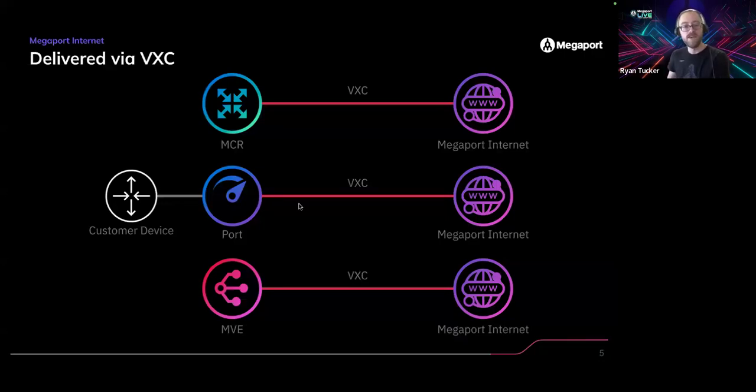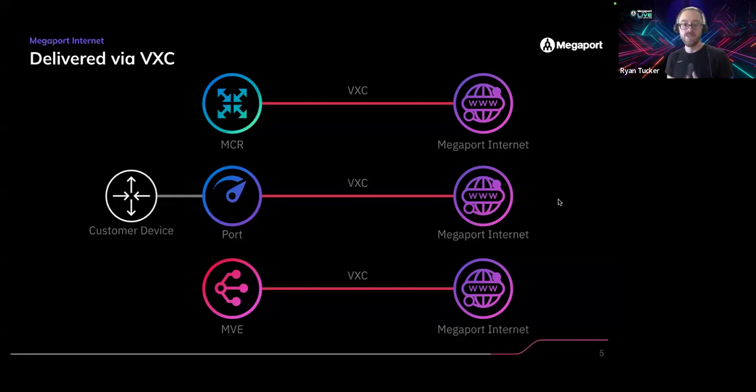So it's available, like you can see here, from all of the access products, all of the endpoint products. So you can create this VXC from a port if you need to have this internet service delivered into a data center that you're physically in and you're plugged into Megaport there.